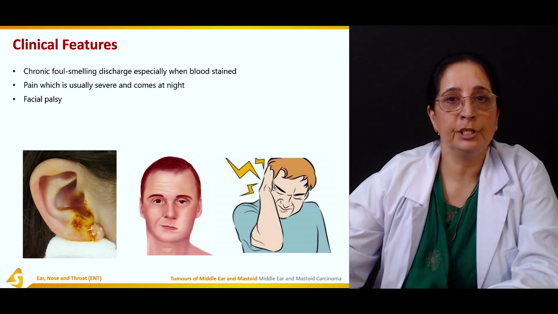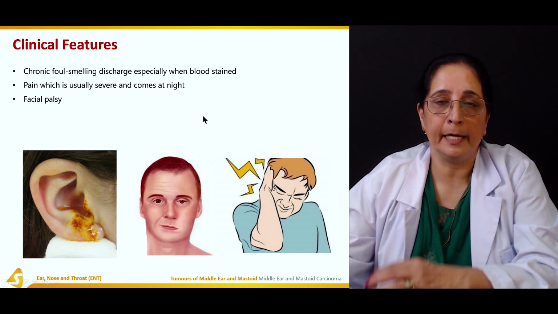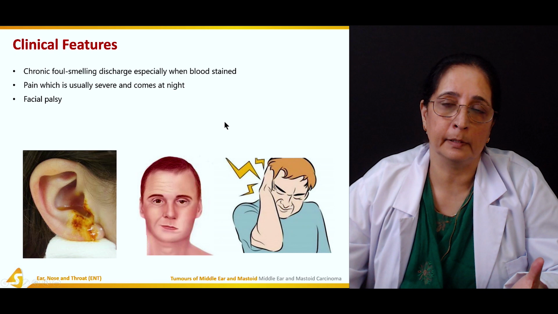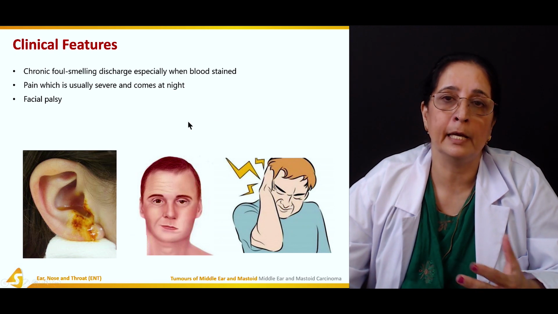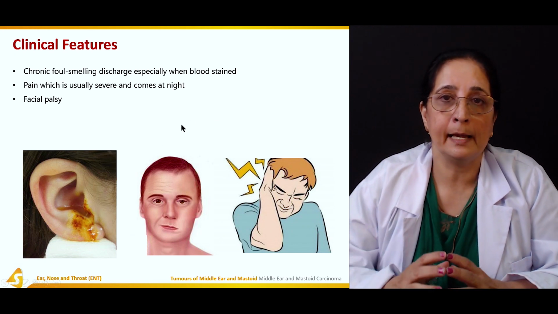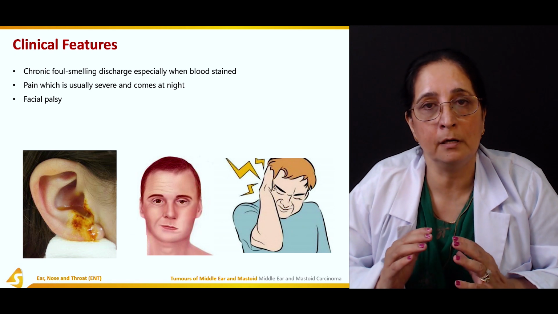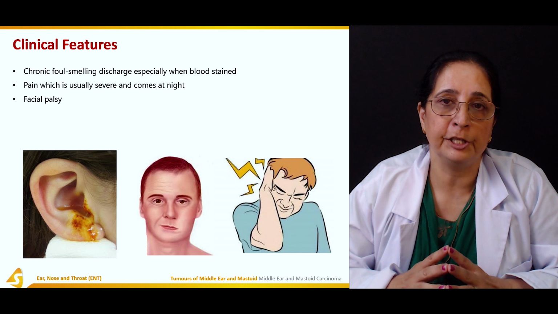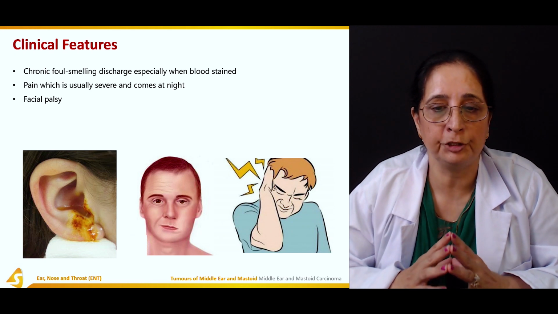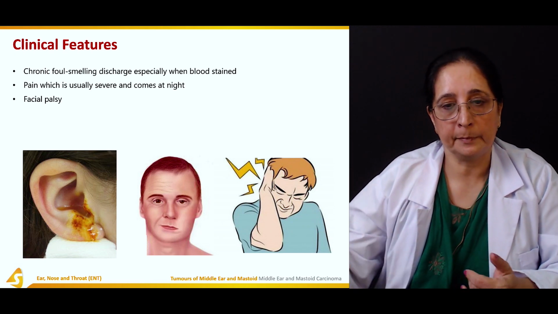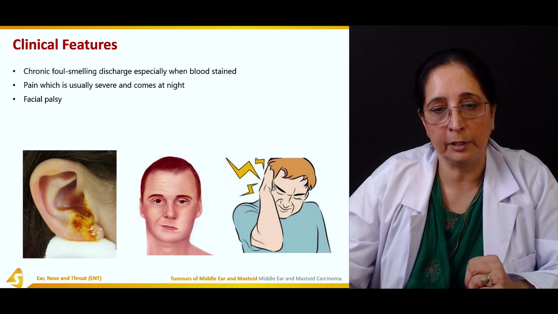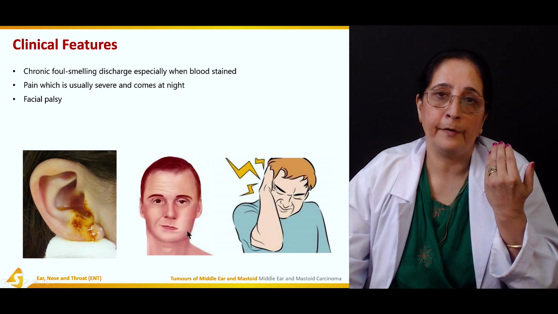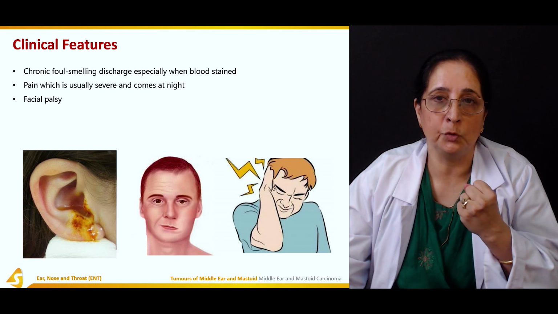There is facial paralysis. Again, the tumor can affect the facial canal from which the facial nerve passes, and that involvement of the facial nerve can lead to facial paralysis. Especially Bell's palsy is very common, in which the face or mouth is deviated to one side.